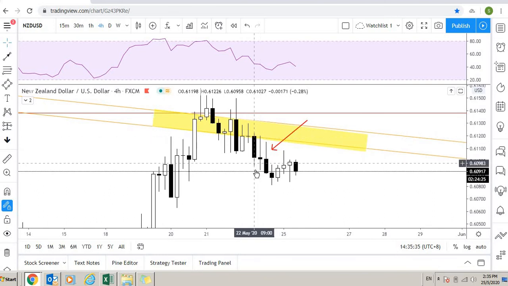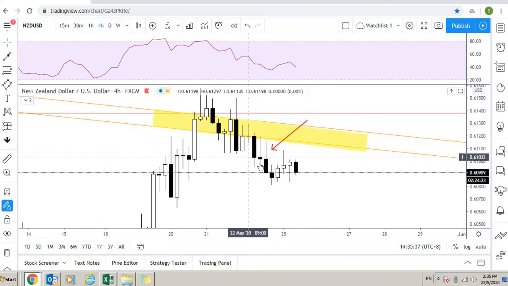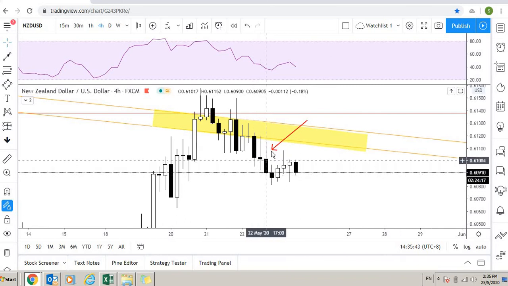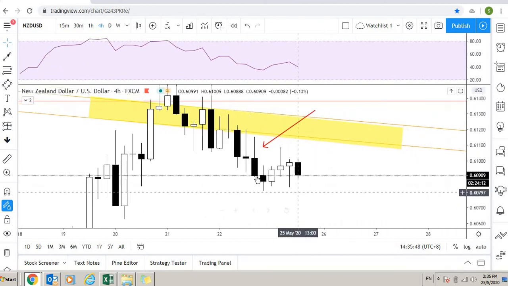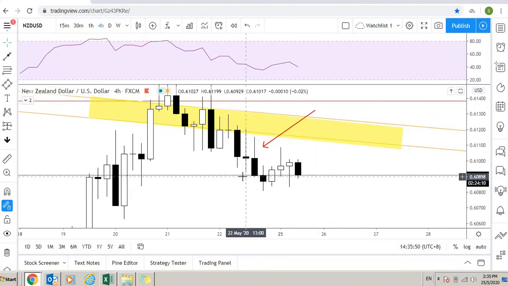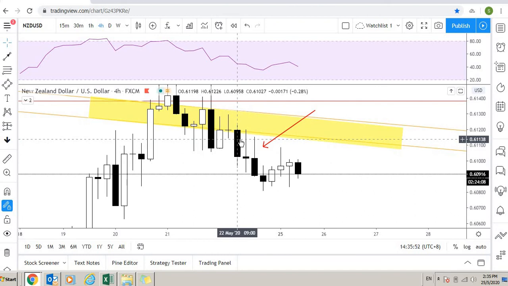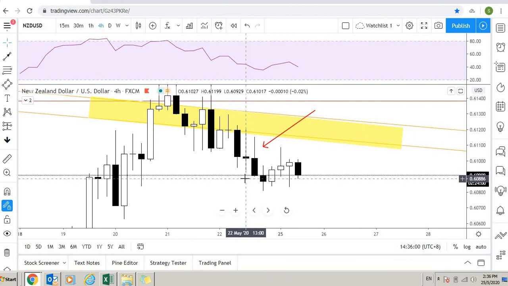This one is indecisive, and this one has a tail at the bottom, but this is different. If we explain in detail for this bar, we can see the price was pushed up by the buyers, and then it closed very strongly near the lowest of the period.